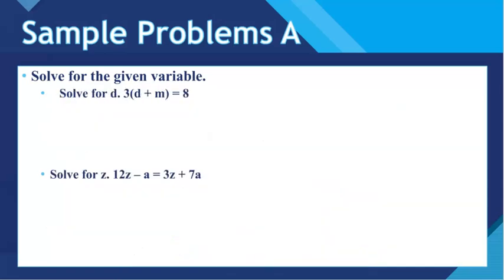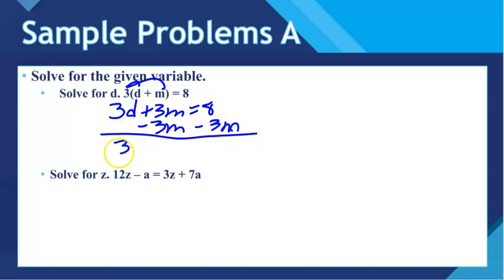Next, solve for the given variable here. We want to solve for D. So first I want to distribute the 3. That's going to give us 3D plus 3M equals 8. I'm going to subtract 3M on both sides so that I can get the D by itself.